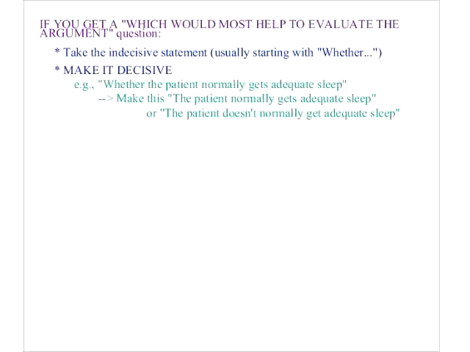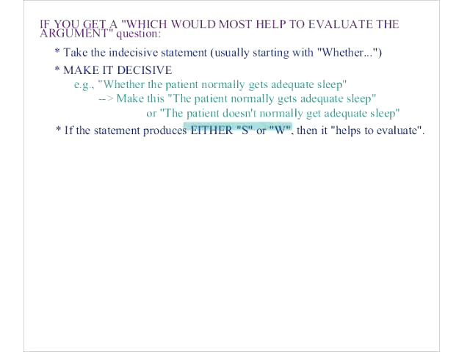Just make it like that. Make it one of those statements, and then see how it affects the argument. Then, if the statement produces either strengthen or weaken, then it helps to evaluate. Because you don't know which, either way, as long as it helps you figure it out in either direction.